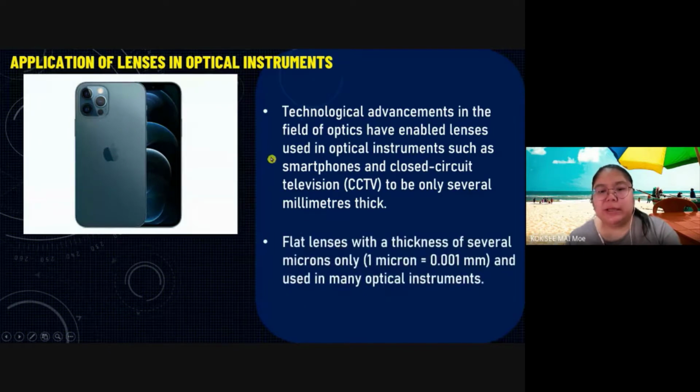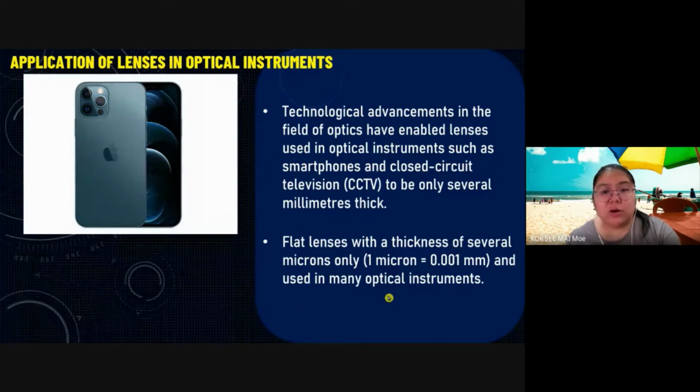So from here, the flat lenses have a thickness of only several microns. You see how small. 1 micron is 0.001 mm, and they are used in many optical instruments. So that means they can now modify and make them thinner and smaller, then fit them in the CCTV and also your smartphone.